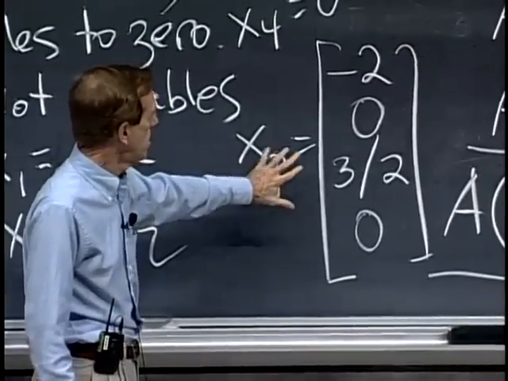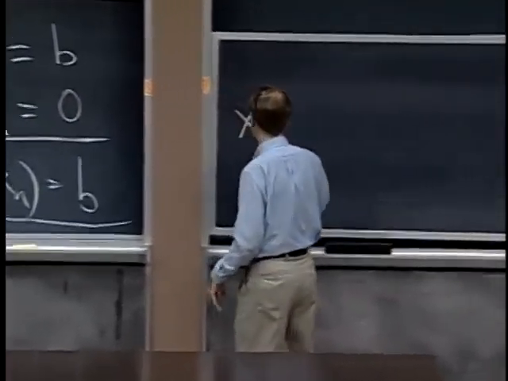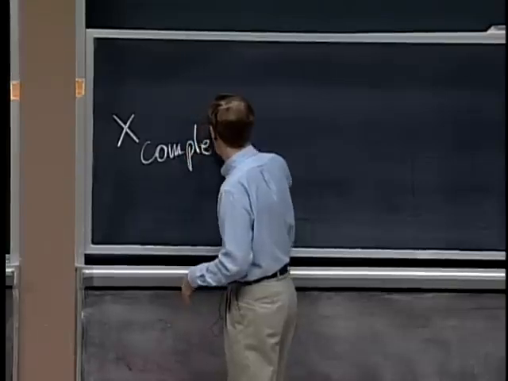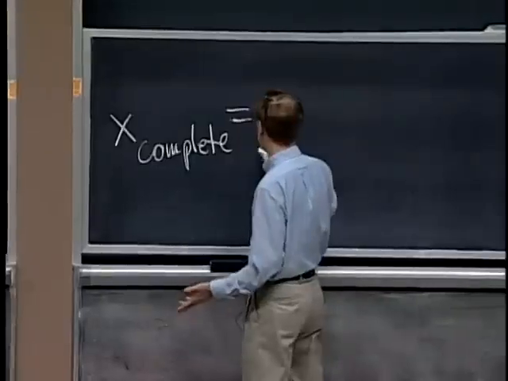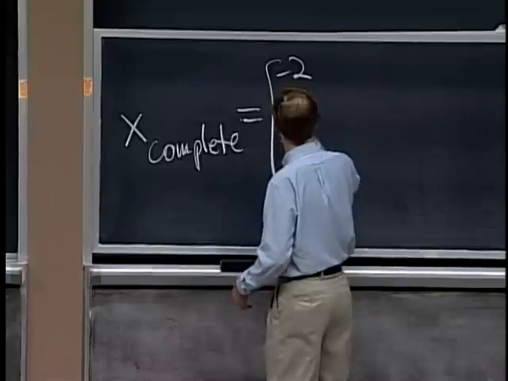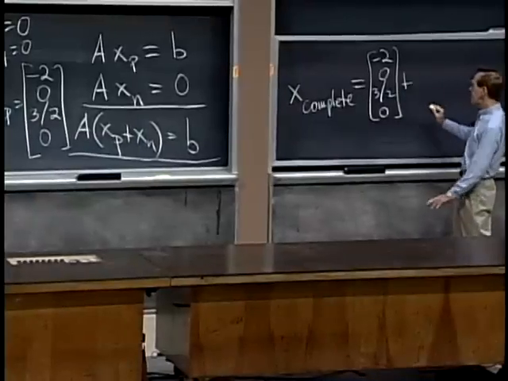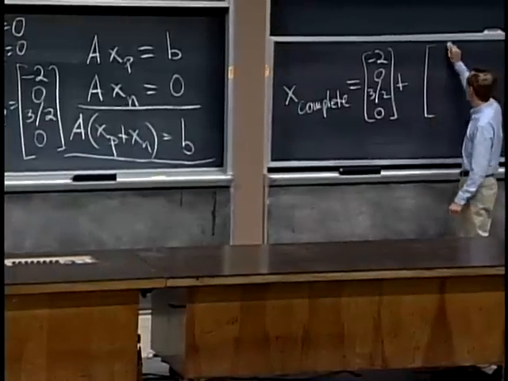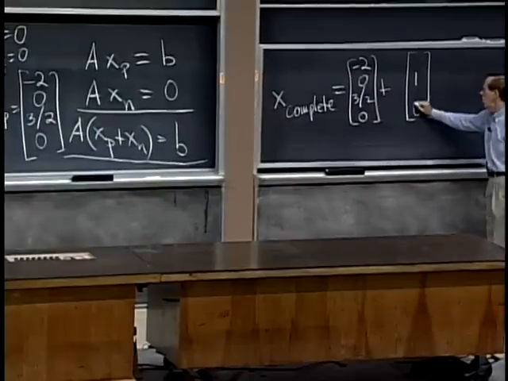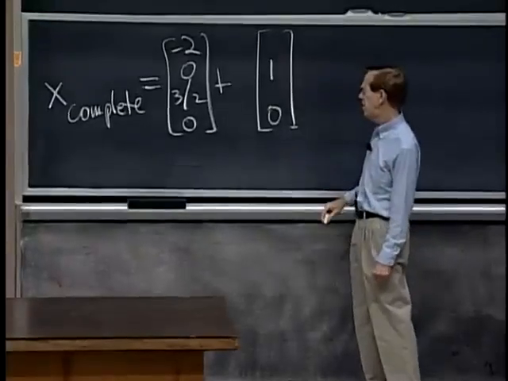In this example, x complete, the complete solution, is x particular, which is minus 2, 0, 3 halves, 0, with those zeros in the free variables, plus, you remember there were the special solutions in the null space that had a 1 in the free variables, or 1 and 0 in the free variables, and then we filled in to find the others?